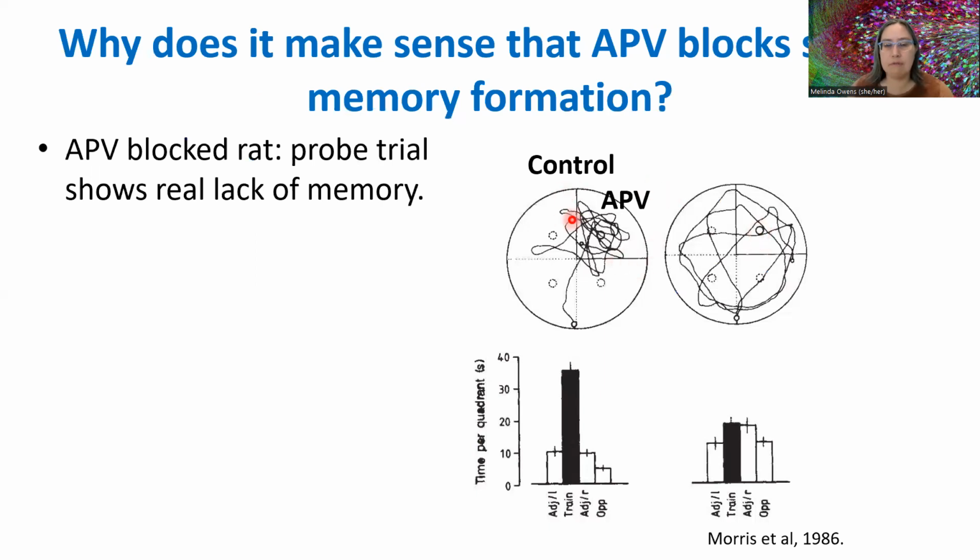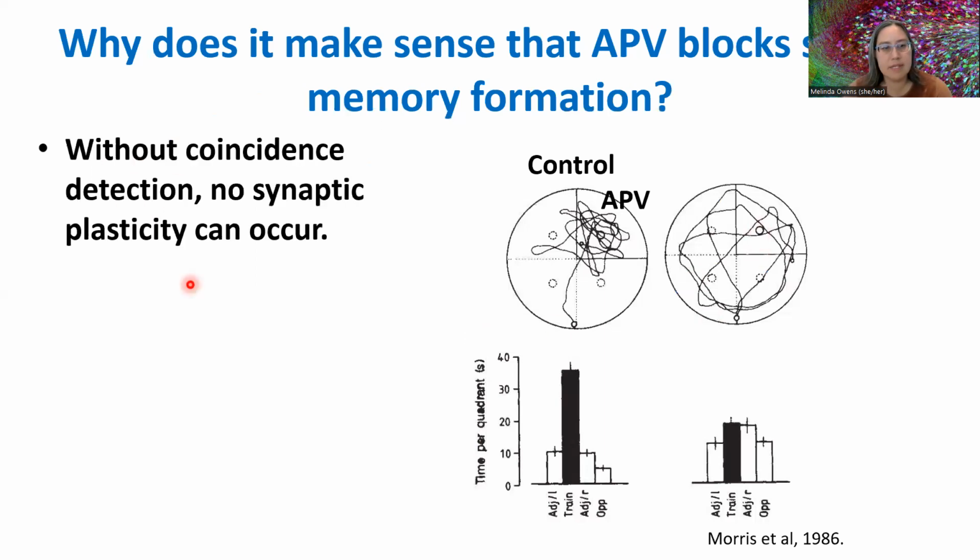The control rat at least looks for it where it's supposed to be, and then the APV rat just goes around and around. So why does it make sense? The APV is blocking the NMDA receptor, which is doing that coincidence detection. Without that coincidence detection, LTP isn't happening, that synaptic plasticity isn't happening, and this suggests it's blocking memory formation as well.